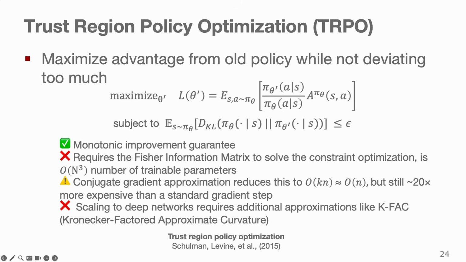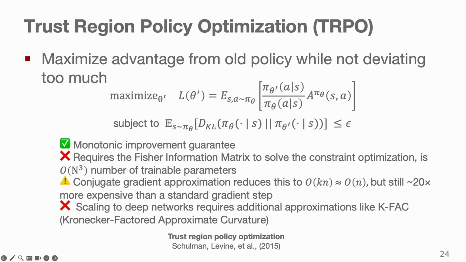And this is computationally very heavy. It's n squared for the memory, and n cubed for compute. There are some approximations with conjugate gradients and so on. But in general, it's very difficult to scale. Even for deep networks, you need even further approximations.